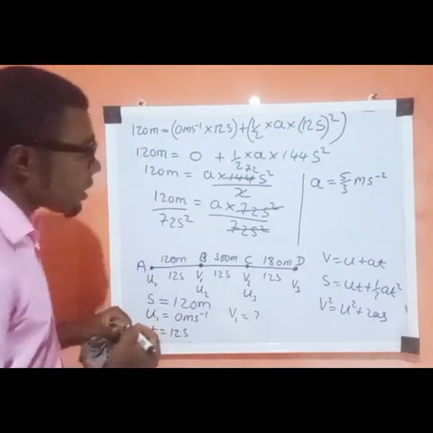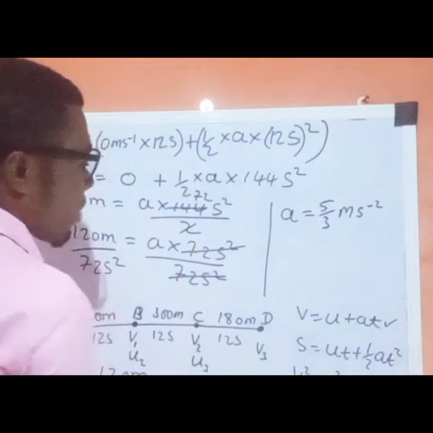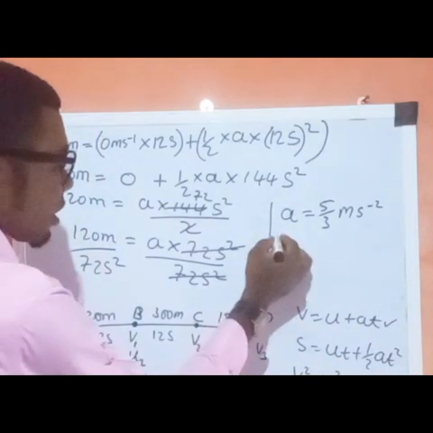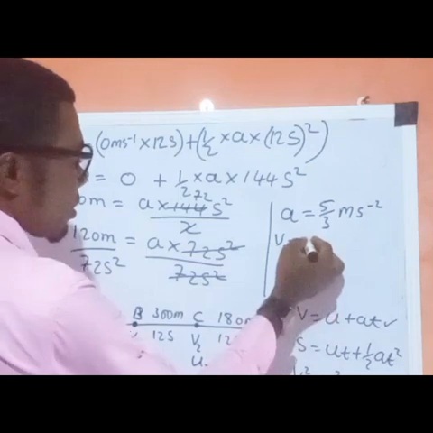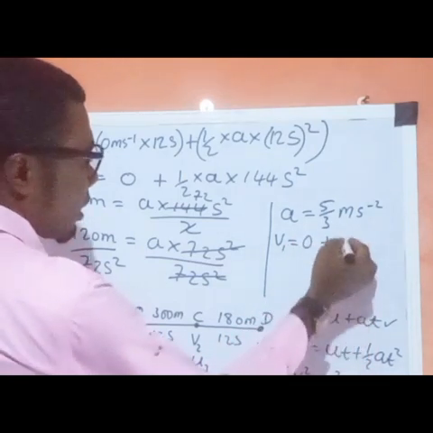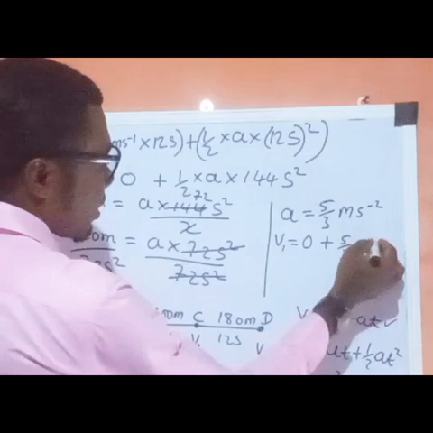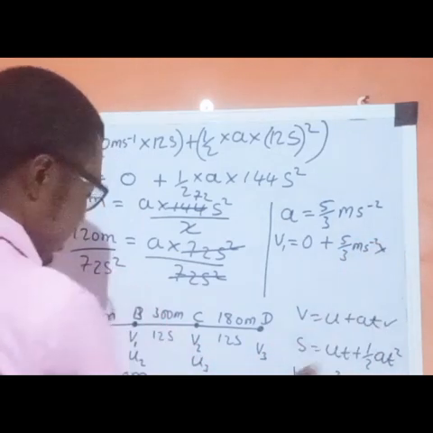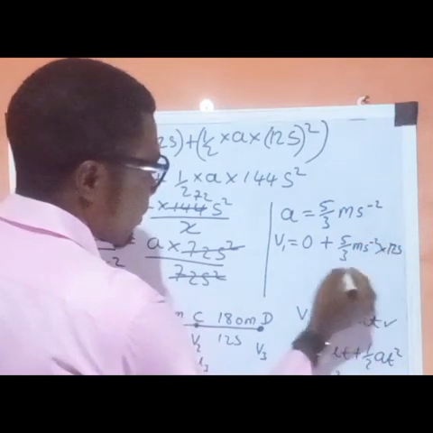But we are not looking for acceleration, we are looking for final velocity. So we can actually use equation 1 now to solve for final velocity. V1 equals U1, which is 0, plus A, which is 5 over 3 meters per second squared, times T, that is 12 seconds.